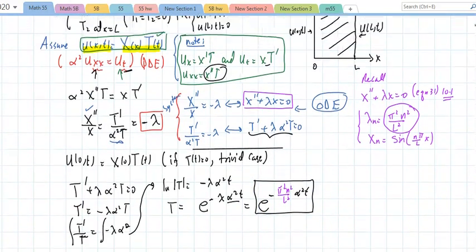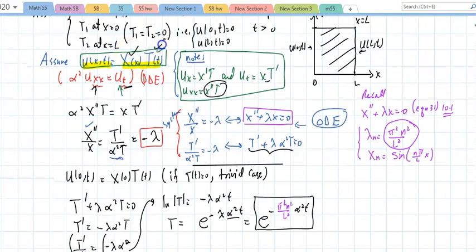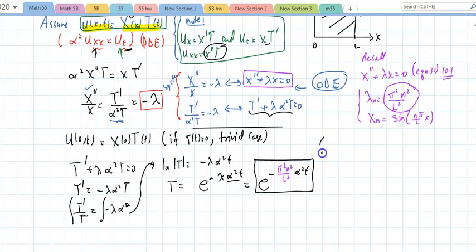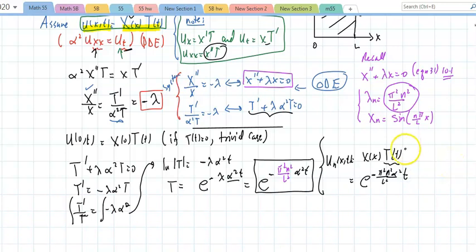Again, remember, the goal is to find this X and to find this T. There's T. And I could say now, u sub n of x,t is going to equal X and T. Well, I know that T is e to the negative pi squared n squared over L squared alpha squared t, and I know what X is.